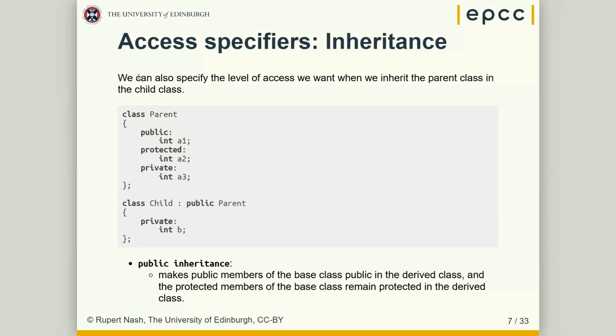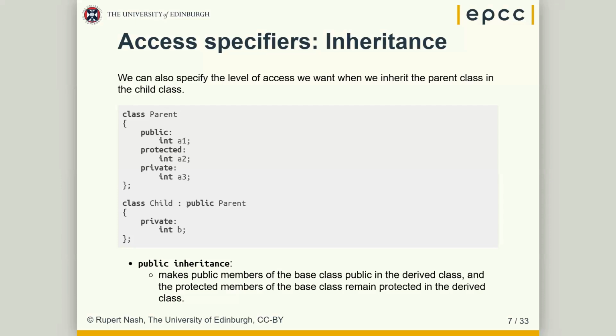So we can also specify the level of access we want when we inherit the parent class to the child class. So I can add an access specifier here that says, parent, you have a public integer A1, a protected integer A2, and a private integer A3. That's what you've decided that you're allowing access to.